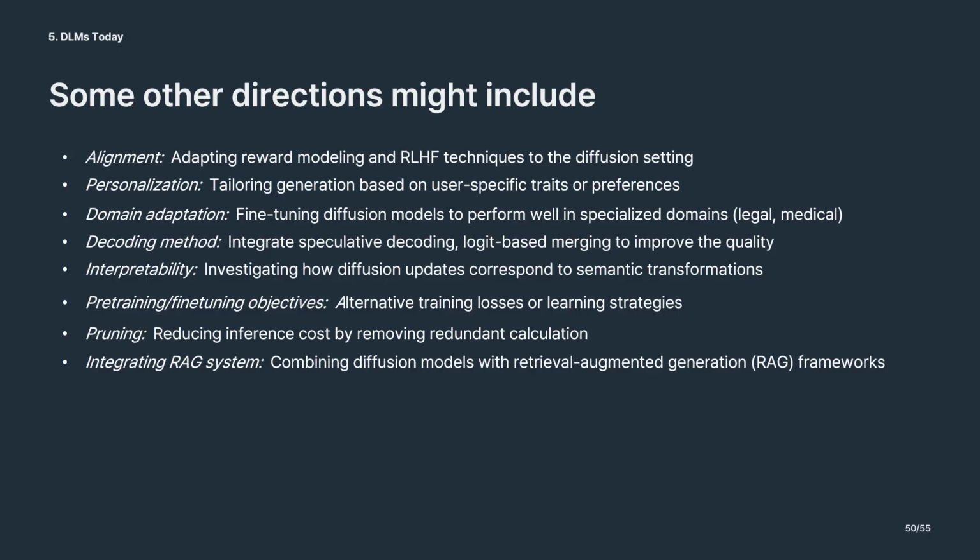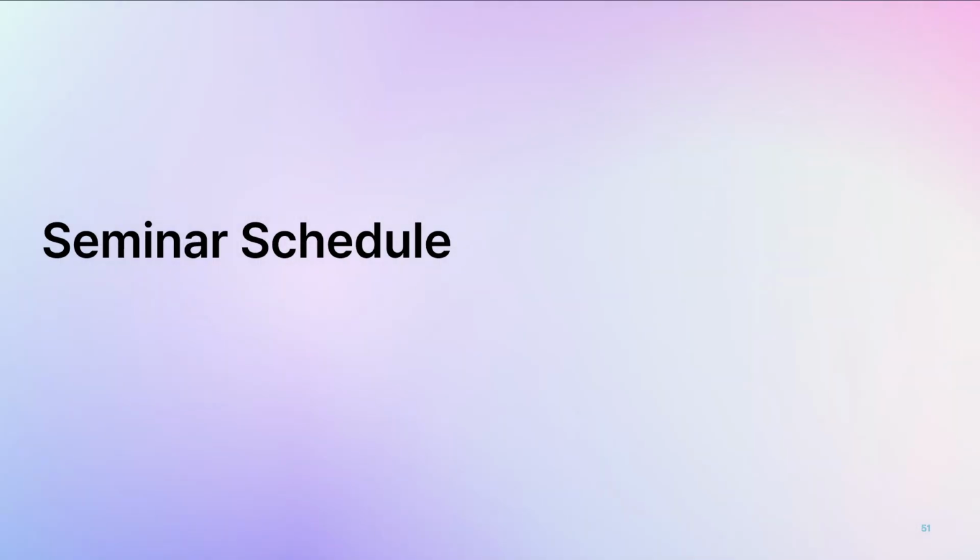We also see potential in decoding improvements, such as speculative decoding and merging strategies, as well as enhancing interpretability by analyzing how updates reflect meaning. Also, new training objectives, pruning methods for faster inference, and combining with RL frameworks are exciting areas to move forward.